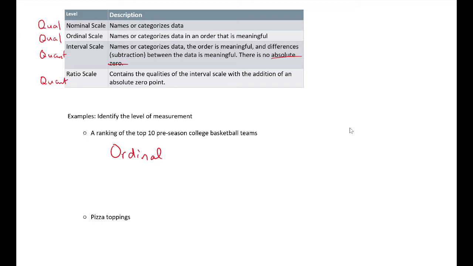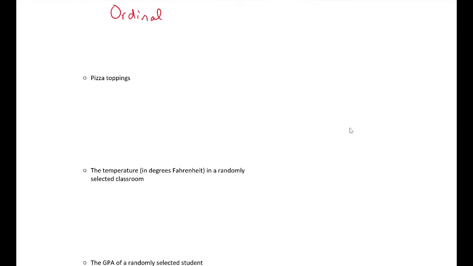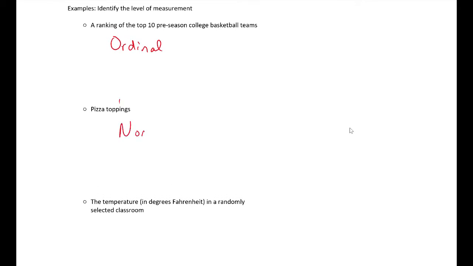Okay. Pizza toppings. All right, we're talking about your pepperoni, your anchovies, onions, peppers. If I'm just randomly listing pizza toppings, there's no inherent ordering. Therefore, it's just a bunch of non-numerical things. This is the nominal level of measurement.